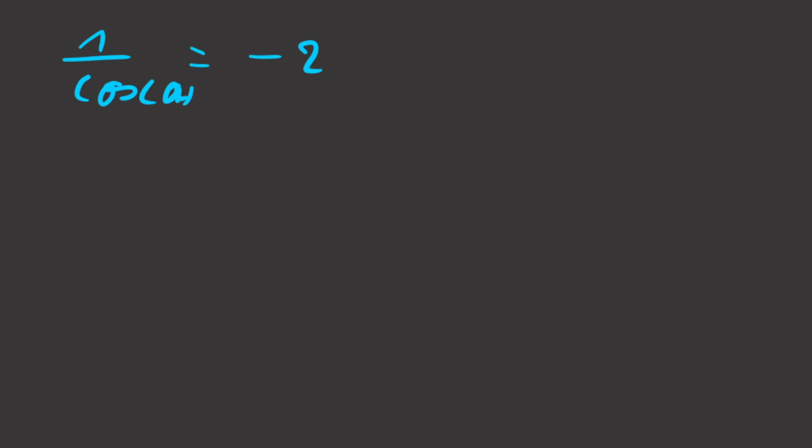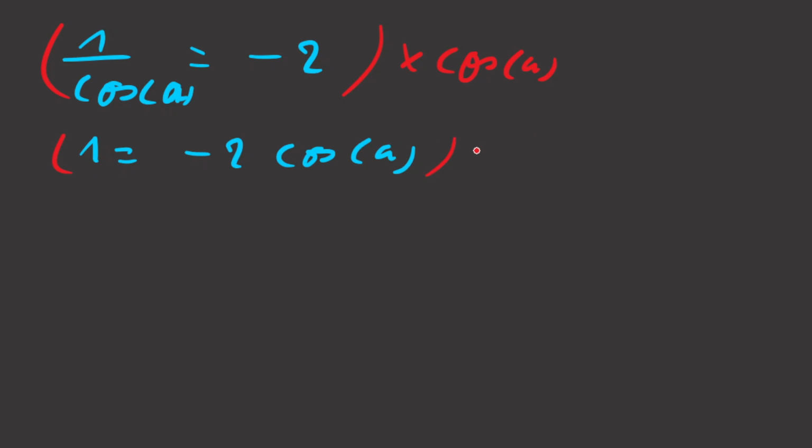Using basic algebra, by multiplying by cosine of a, we get 1 is equal to minus 2 cosine of a, and then by multiplying by minus 1 over 2, we get minus 1 over 2 is equal to cosine of a.